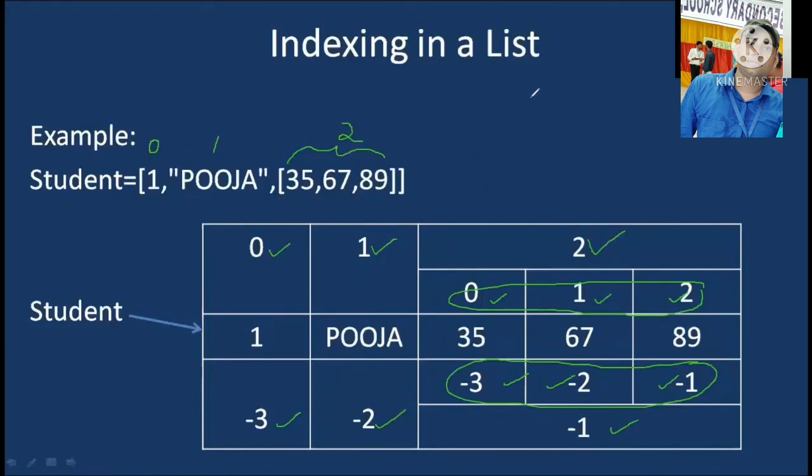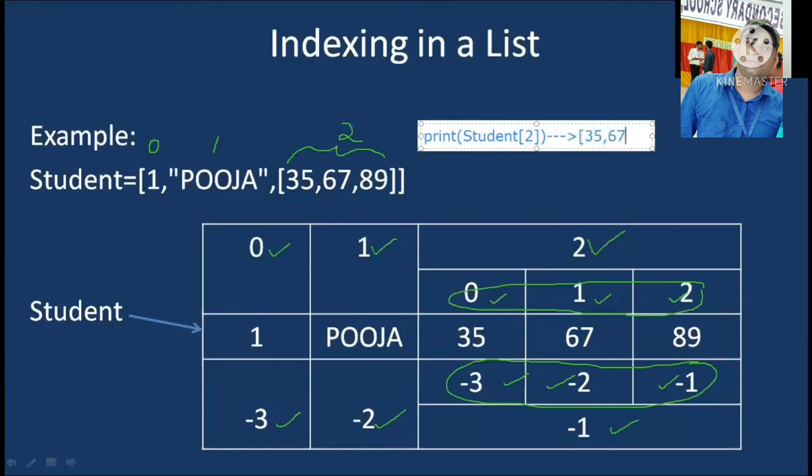I will use a text box here, which will be easier to understand. If I write print and the name of the student, and I write 2, in that scenario it displays the inner list, which is 35, 67, 89.